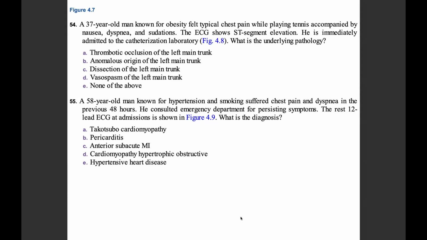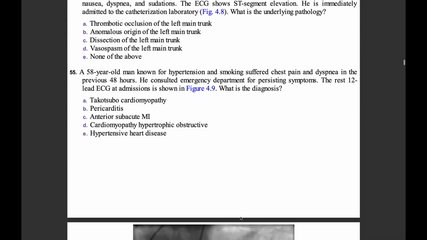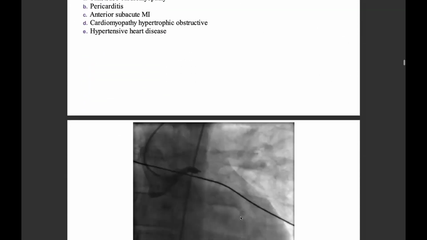What is the diagnosis? A. Takotsubo cardiomyopathy. B. Pericarditis. C. Anterior subacute MI. D. Hypertrophic obstructive cardiomyopathy. E. Hypertensive heart disease. The ECG is shown in Fig 4.9.